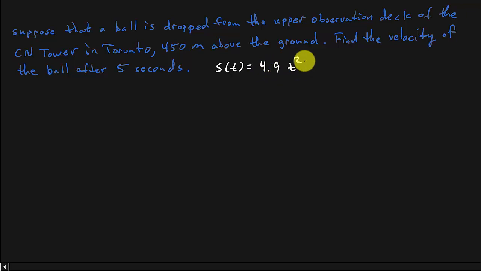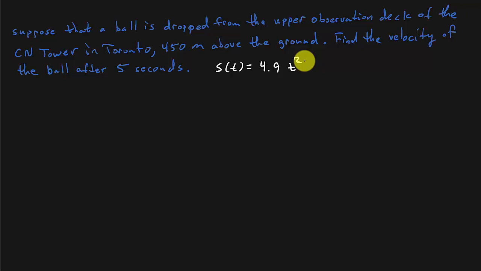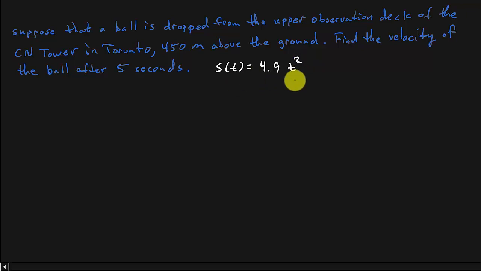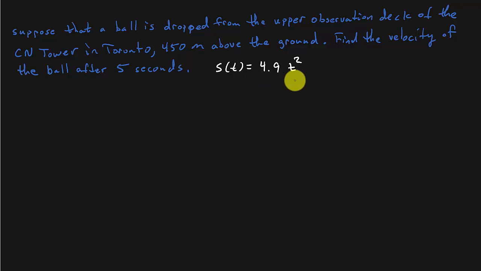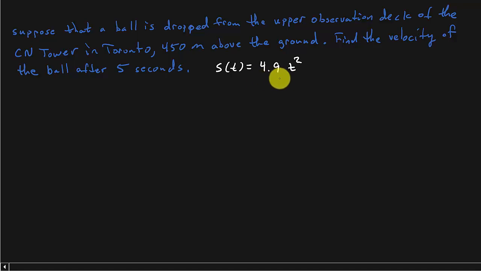At this point in the course, you don't need to worry about where that function comes from. You'll learn that later on. You've got more things to learn before you learn how to do this. Just take it that this is the equation. This gives the position of the ball at any given time.